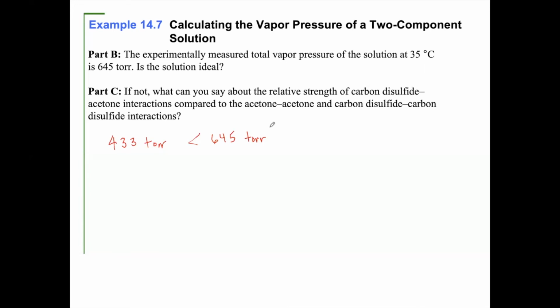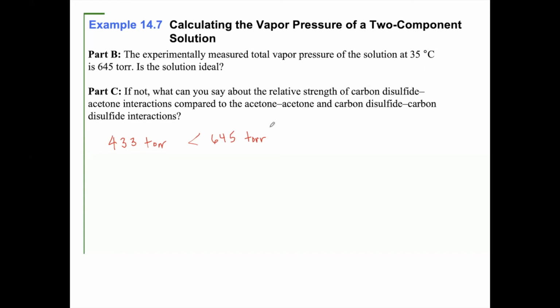If the solute and solvent interactions in the solution are weaker than the solvent-solvent interactions, that means more particles in that solution are likely to vaporize and become a gas. If the particles are not interfering with each other's ability to evaporate, they're going to evaporate more easily.